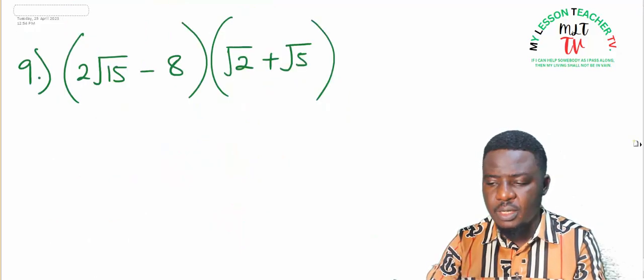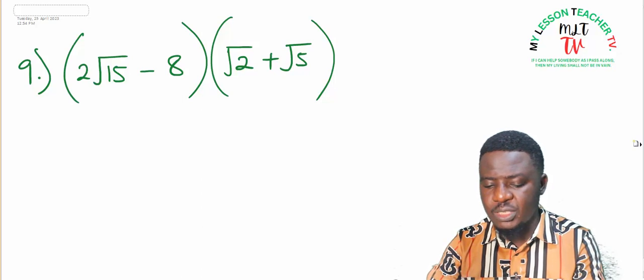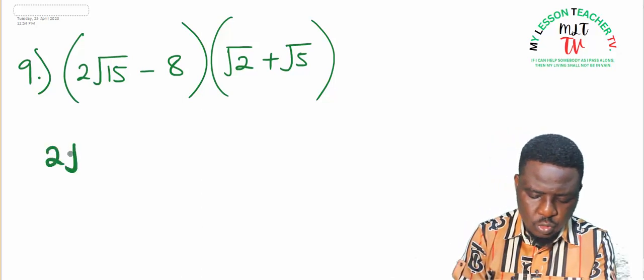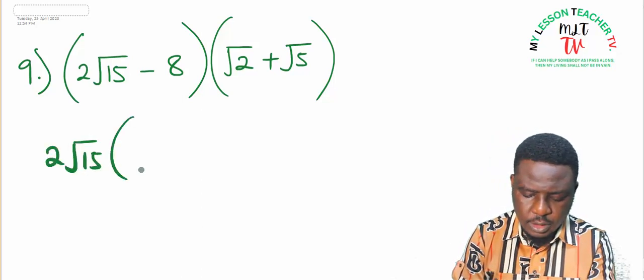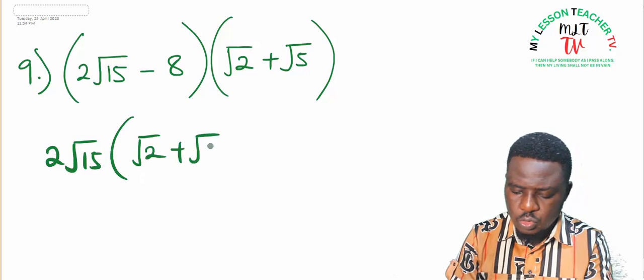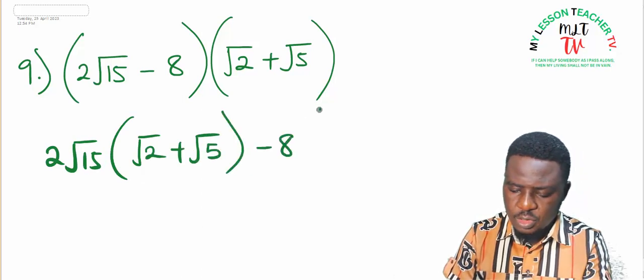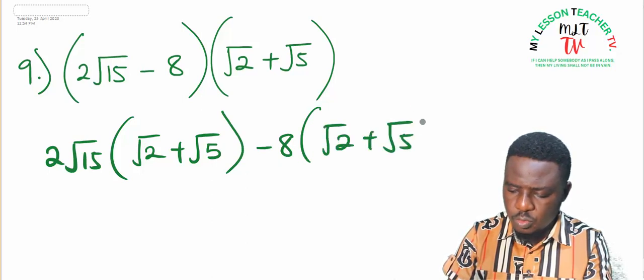Question 9. We have 2 root 15 minus 8 to be multiplied by root 2 plus root 5. We are going to split this into 2 root 15 into root 2 plus root 5 minus 8 into root 2 plus root 5.